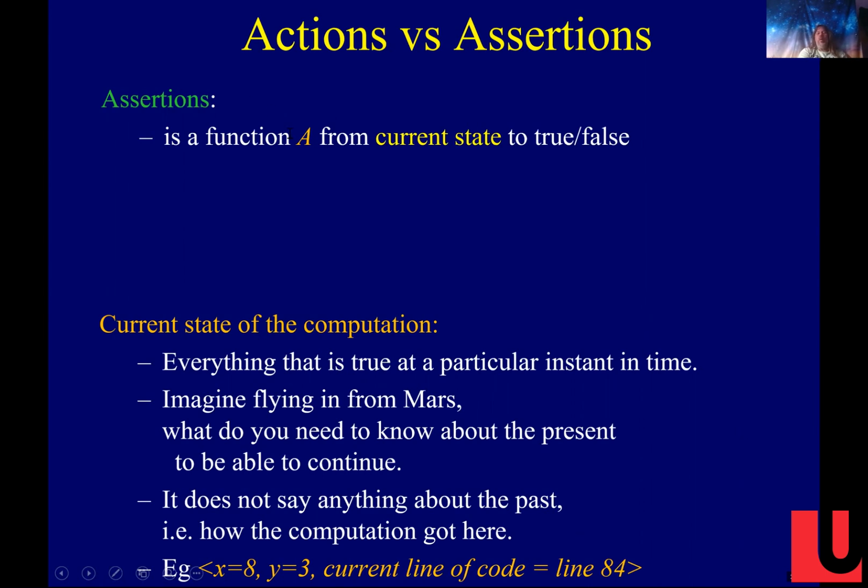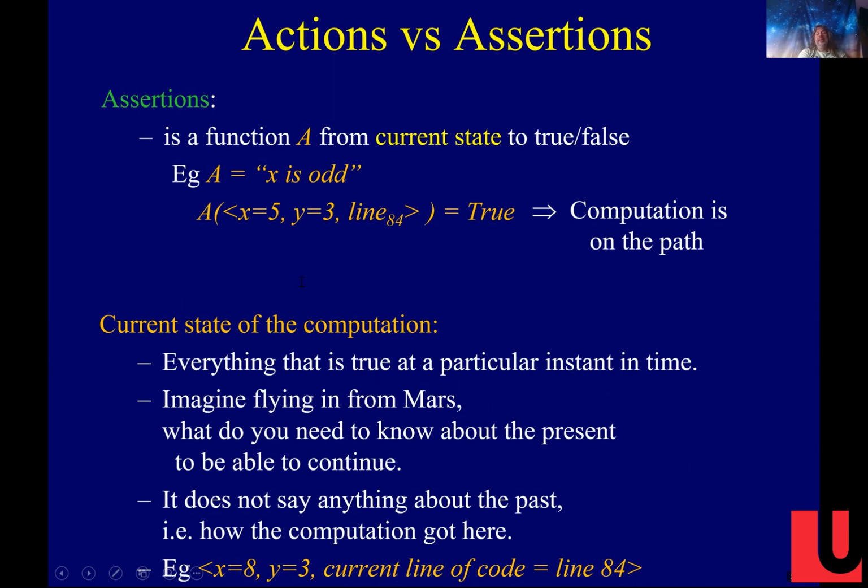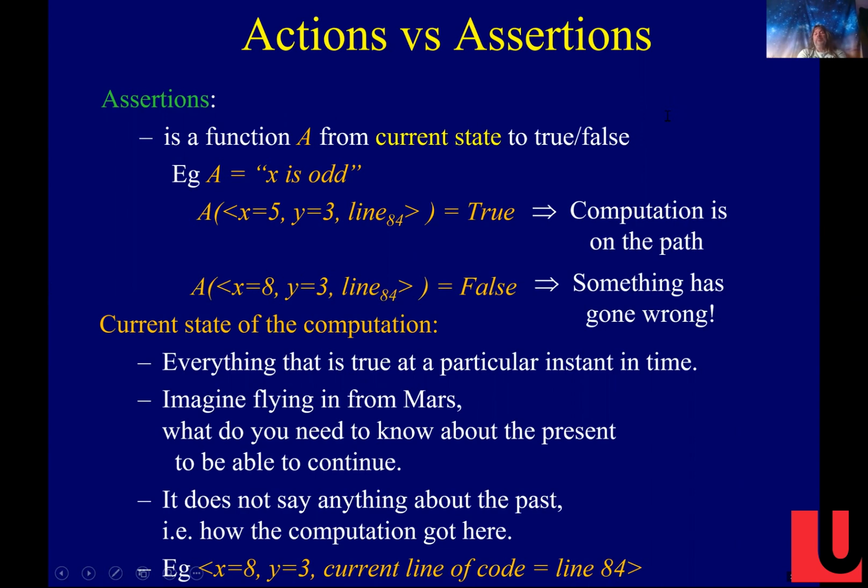And so what is an assertion? An example of an assertion is that X is odd. What does that mean? If I'm in this state, then A is a function from the state I'm in to true or false. In this state, X is odd, so it's true. And in this case, X is even, so it's false. And in the first example, the computation is on the path.